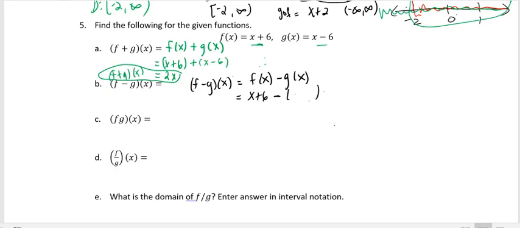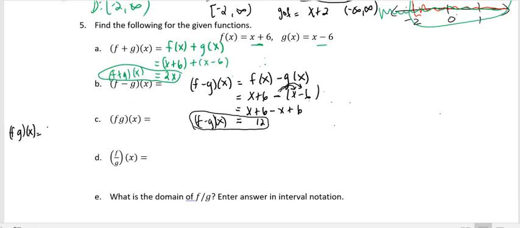But here you have to be careful and always use parentheses, because if you don't use the parentheses, you might make an error. Since I have the parentheses, I'm going to distribute the negative in here, so I get negative x and a positive 6. Gather your like terms. X minus x is 0, and 6 plus 6 is 12. So my answer is 12.